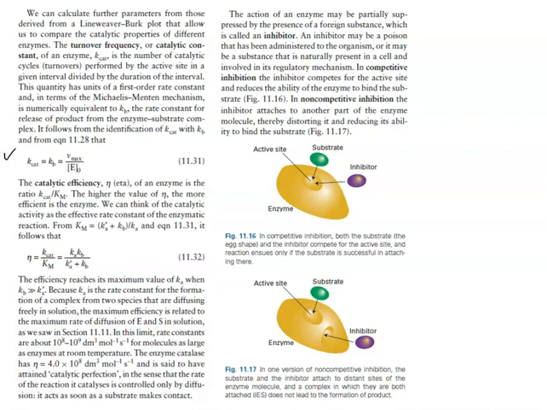We can think of the catalytic activity as the effective rate constant of the enzymatic reaction. From the Michaelis-Menten constant equaling K sub A prime plus K sub B over K sub A, in equation 11.31, it follows that the catalytic efficiency equals kcat over K sub M, which equals the following.